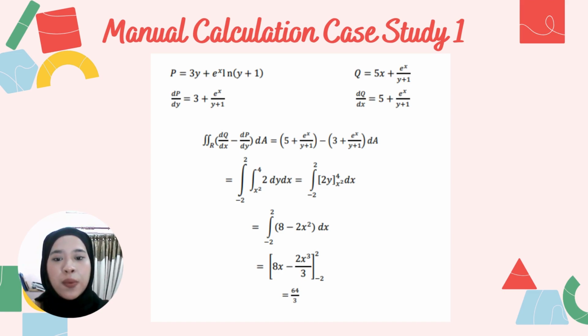Then we double integrate dQ over dx minus dP over dy dA. And then we get 5 plus e power of x over y plus 1 minus 3 plus e power of x over y plus 1 dA. And then we get the double integral of 2 dy dx from x squared to 4 and negative 2 to 2. After we solve the equation, we get the answer 64 over 3.